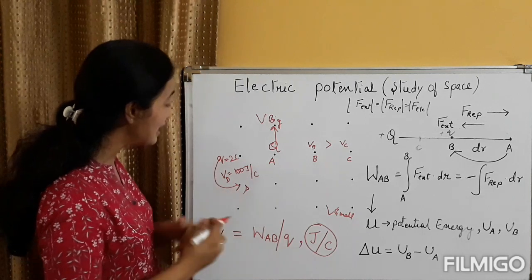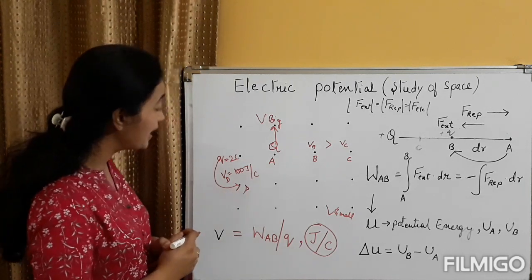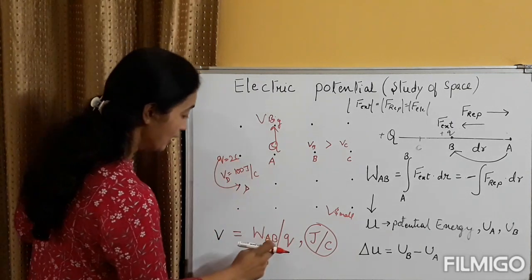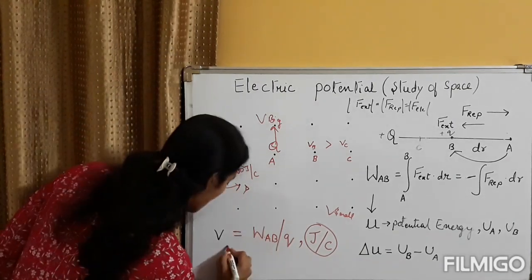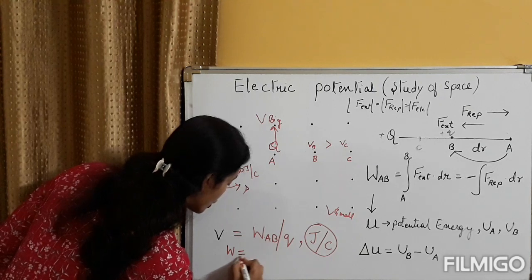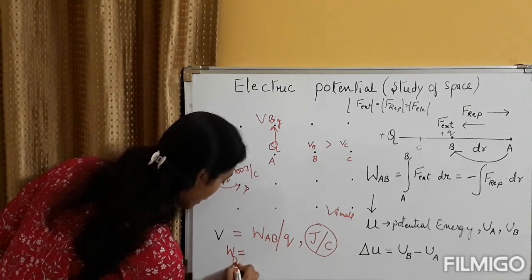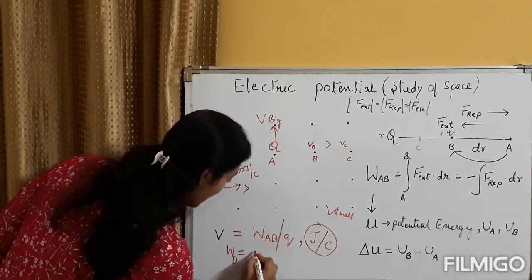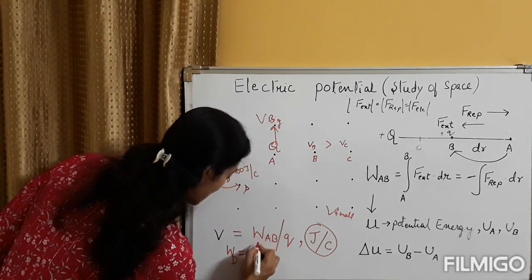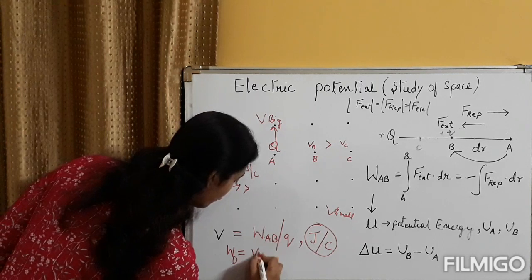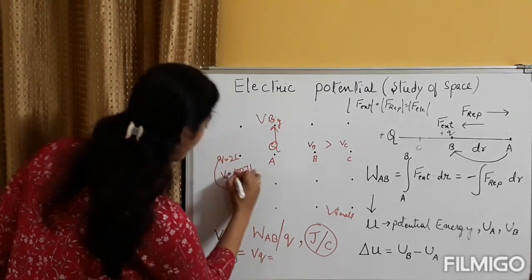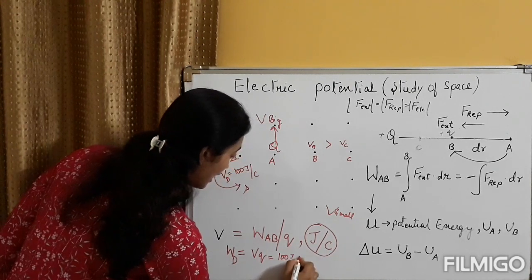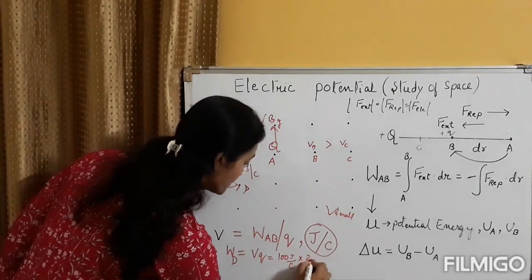Then what will be the energy experienced by the charge? The potential energy of the charge Q at the point D will be, energy is nothing but work done, and work done equals VQ. So the value of V at that point is 100 joules per coulomb and the charge is 2 coulombs.